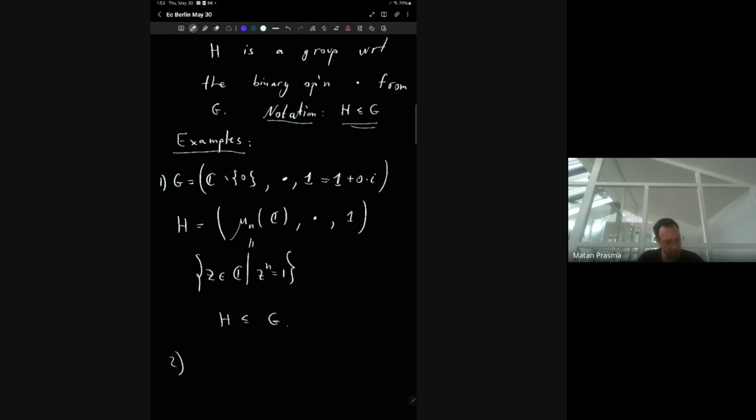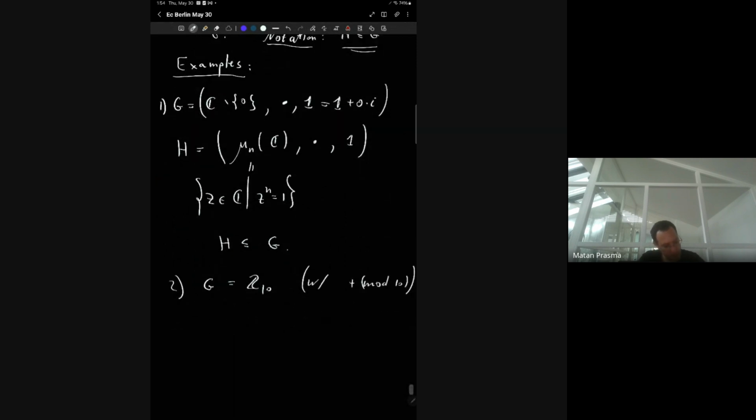Second example, G is the group of integers modulo 10 with addition, right? And H is the subgroup.